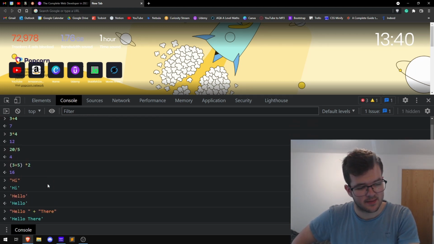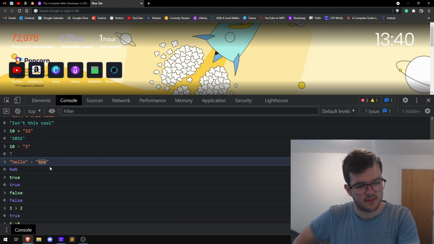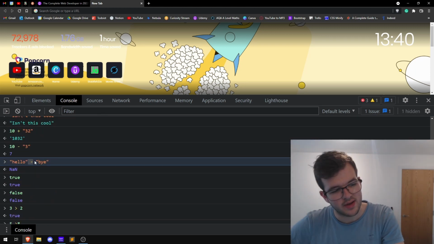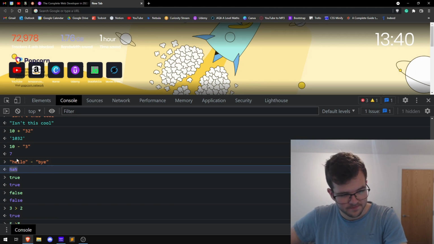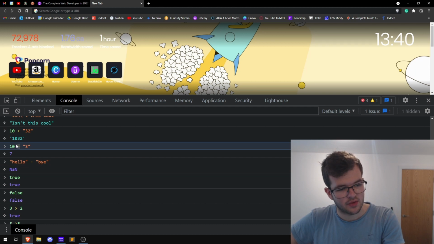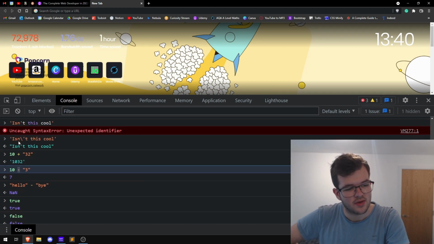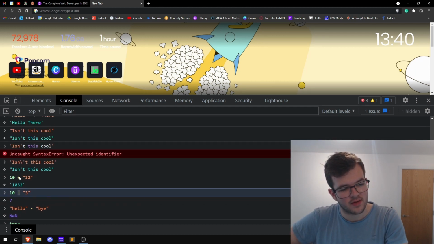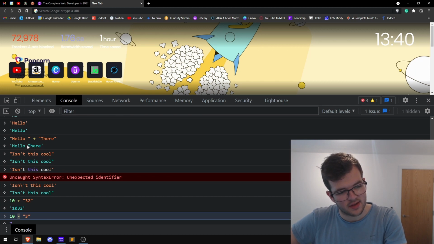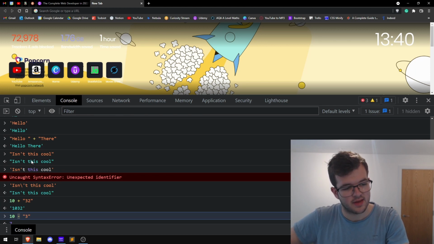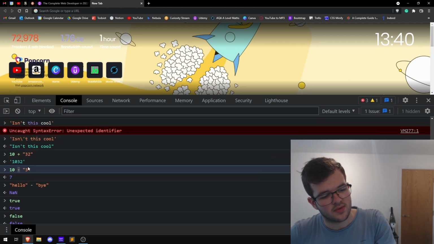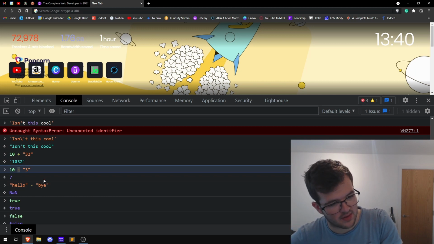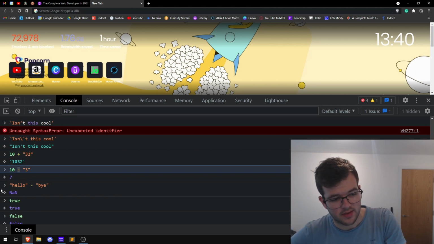So here we added them, and that worked out fine. But then if we wanted to take away, it's telling us that it's not a number. So from my deduction, negatives only work with numbers, and positives only seem to work with numbers, like just numbers by themselves. Negatives don't work with words.